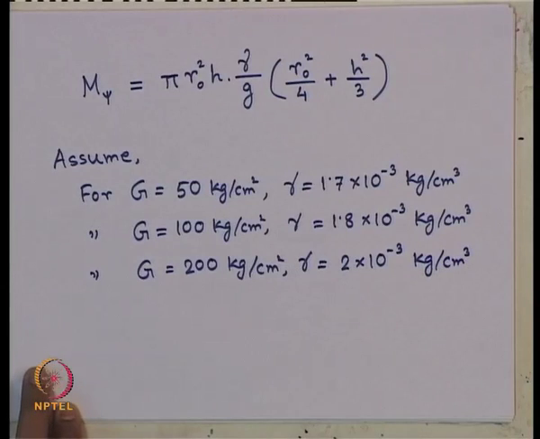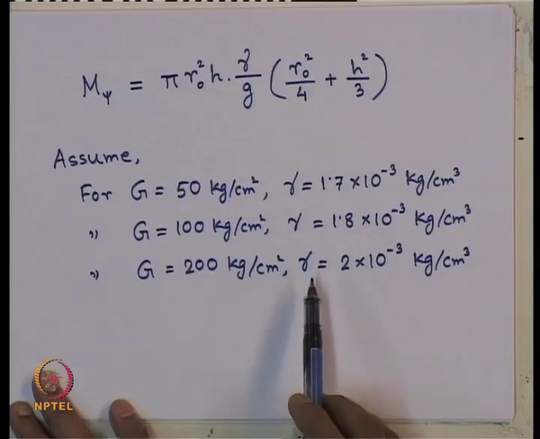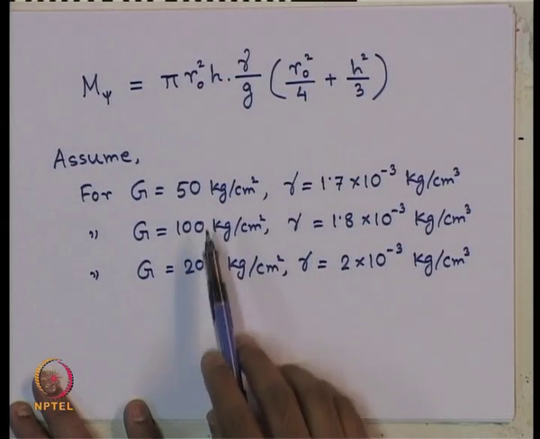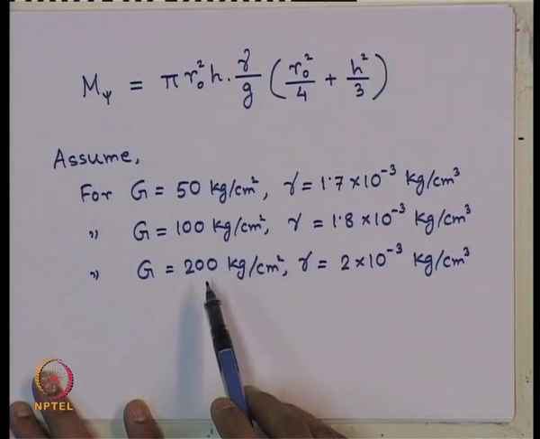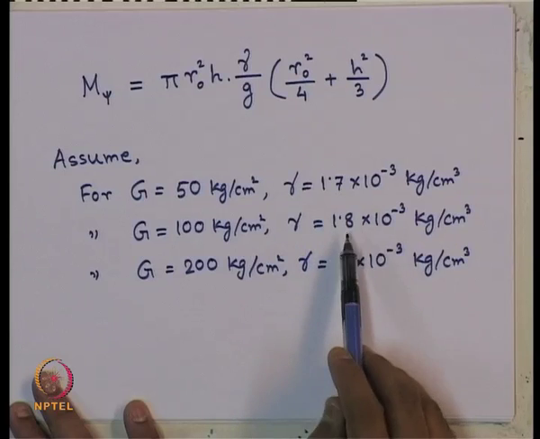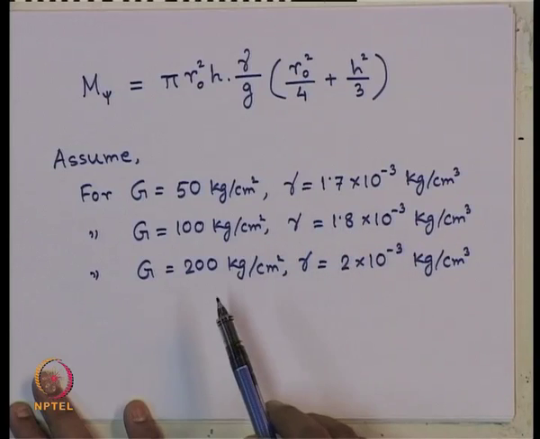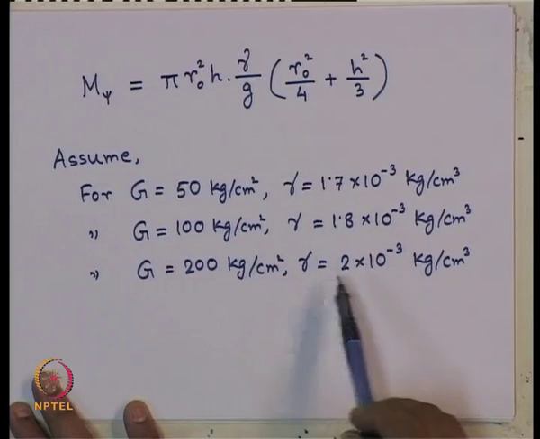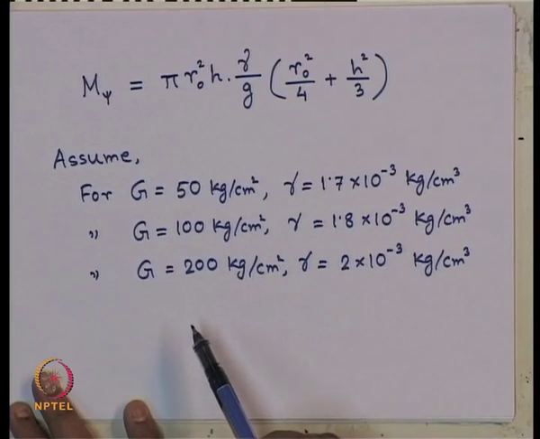These are based on reasonable values we need to assume. As g increases, we know it is a stiffer soil. So, that is why we are using standard unit weight of soil in increasing order as the g increases. Okay.